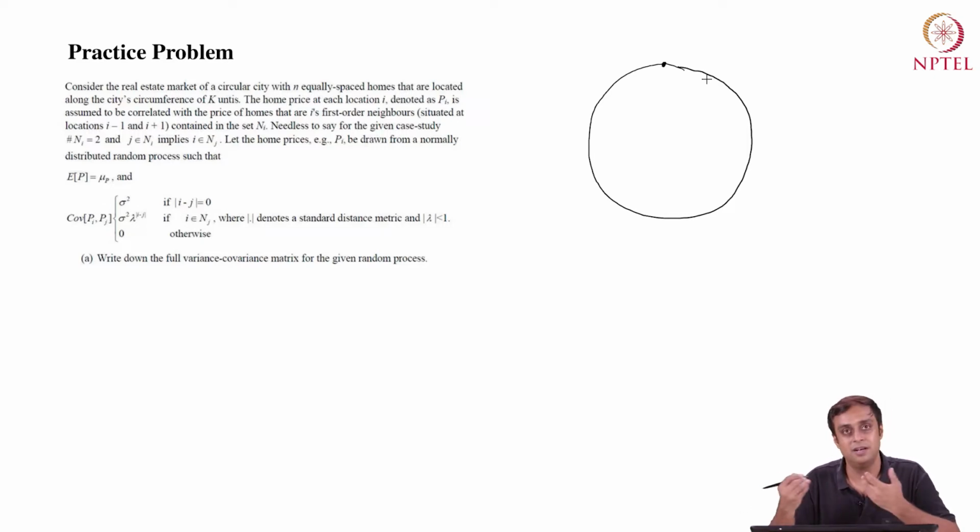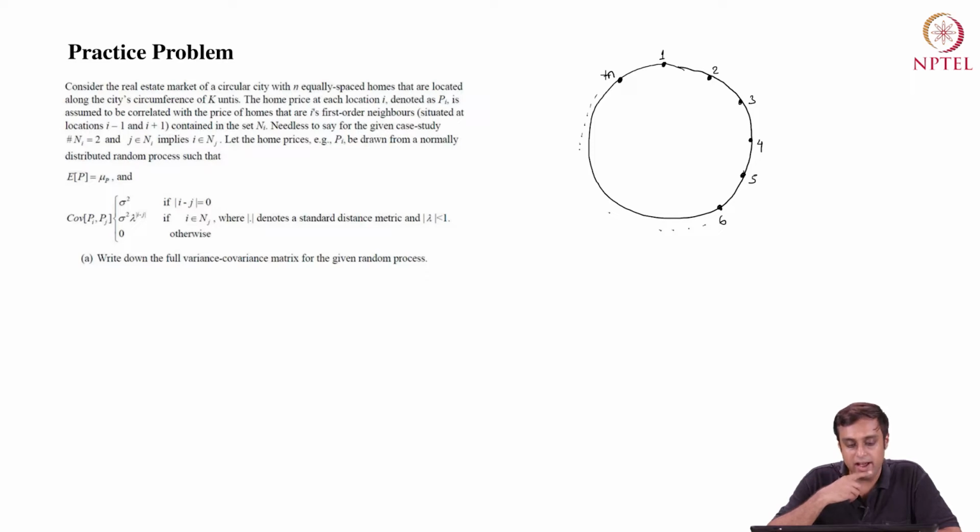It's just a schematic, not to scale. So say this is home 1, home 2, equidistant to 2 is home 3, then we have 4, 5, 6, and so on, till we get to a point where we have the nth home.